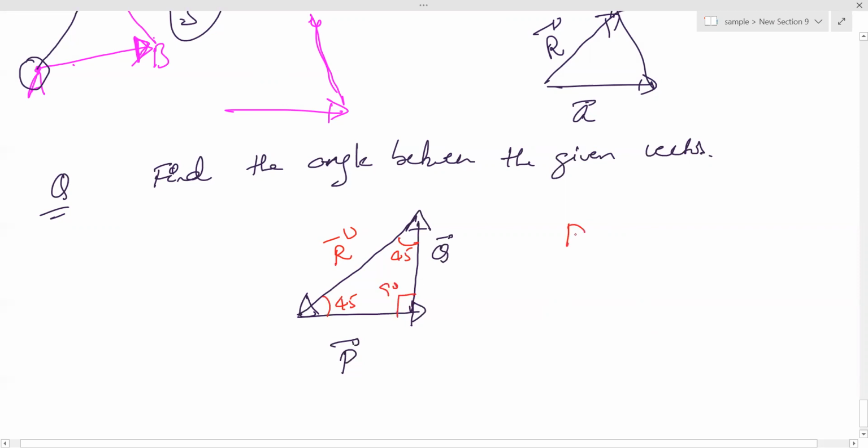Now you need to give information about the angle between P and Q, the angle between Q and R, the angle between R and P. Okay. Question. Can you do it?